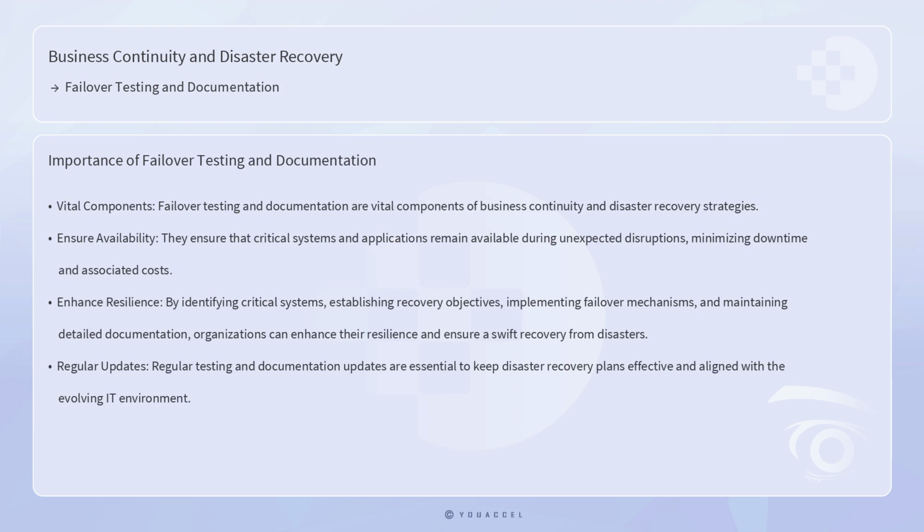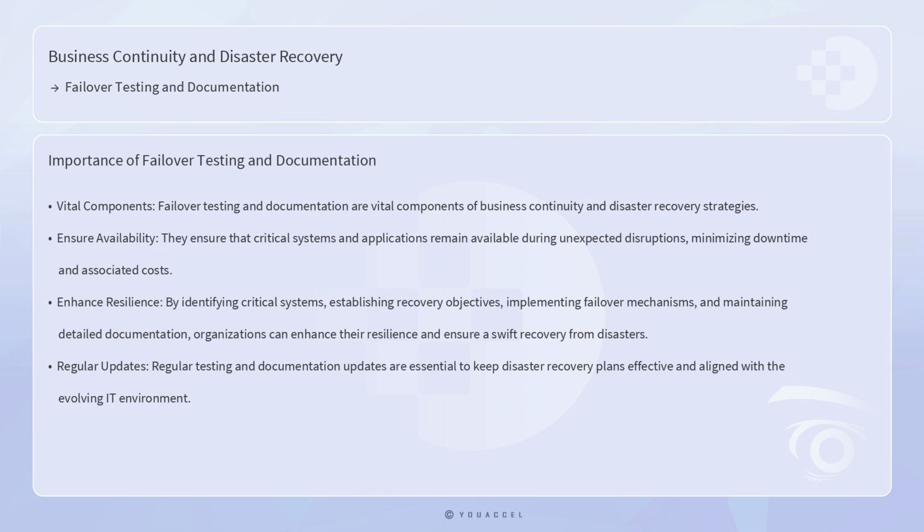In conclusion, failover testing and documentation are vital components of business continuity and disaster recovery strategies. They ensure that critical systems and applications remain available during unexpected disruptions, minimizing downtime and associated costs. By identifying critical systems, establishing recovery objectives, implementing failover mechanisms, and maintaining detailed documentation, organizations can enhance their resilience and ensure a swift recovery from disasters.